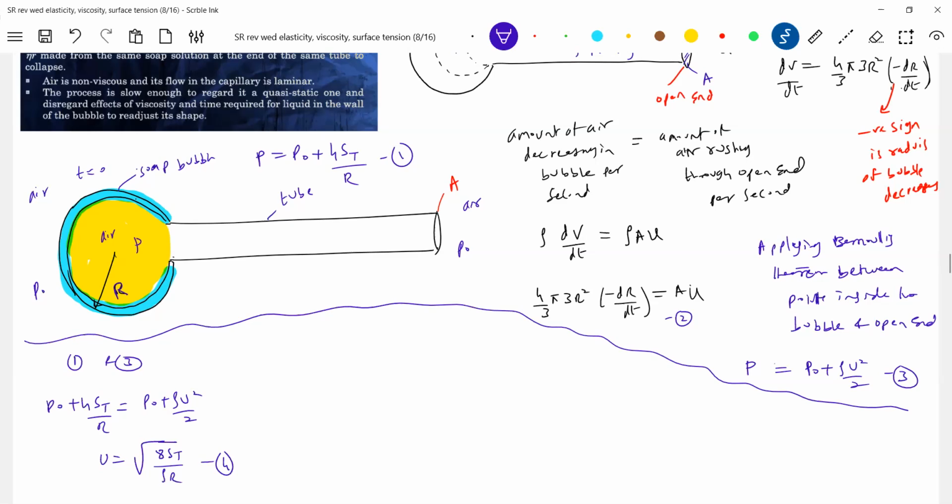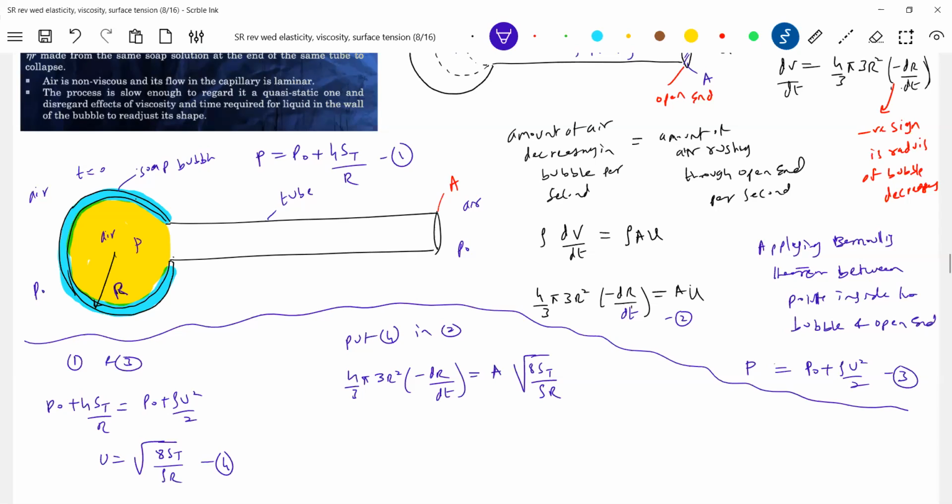Okay, still our question is about the time taken, no? How to bring that time taken. I think the dt is available here. You can see equation 2. This is what I'll put. Now I'll substitute, because dt is available, so I got an expression for this. So 4 by 3 pi 3r square, A into u, where u is 8 ST by rho r.